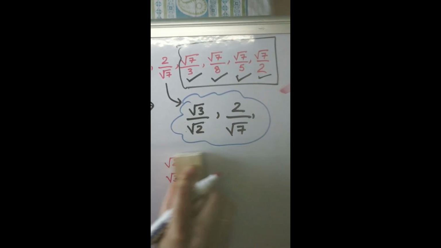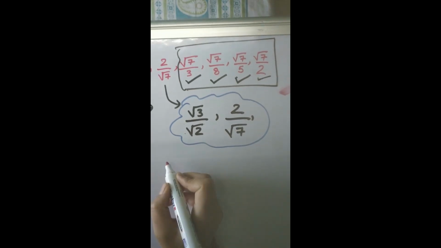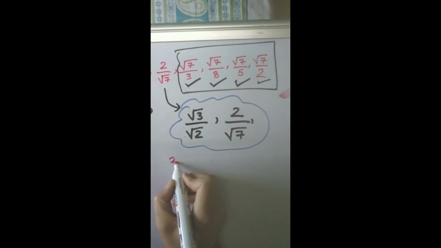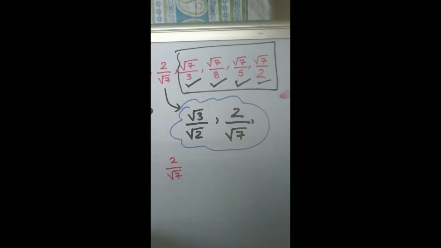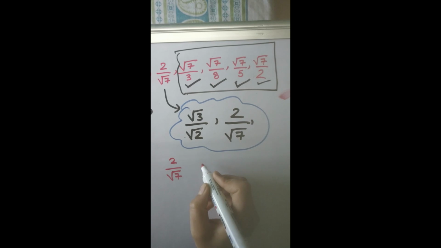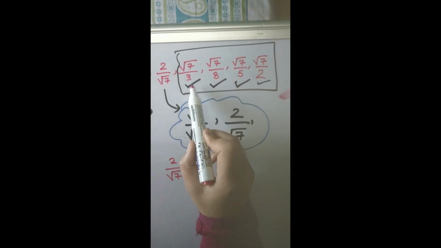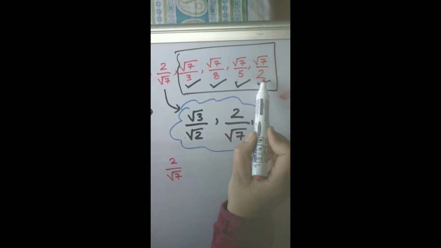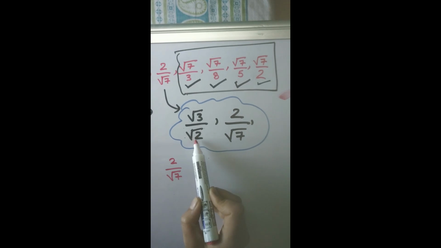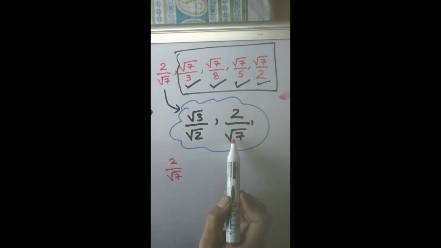Now coming over to the problem, which is 2 over root 7. How to locate it on the number line? Again telling you, we do not have any problem locating the irrational numbers whose denominators are rational. But we do have a problem in locating the fractions, I'm calling them fractions, which have irrational denominators.